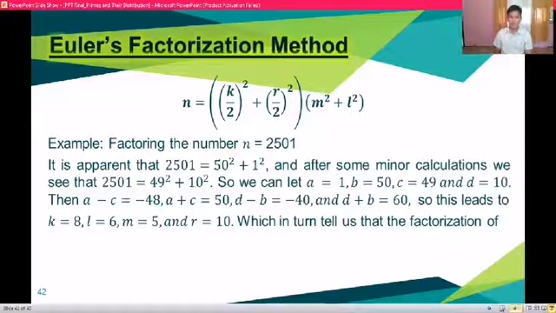And after some minor calculations, we can see that 2,501 is equal to 49² + 10² as well. So now, we can let A is equal to 1, B is equal to 50, and C is equal to 49, and D is equal to 10.